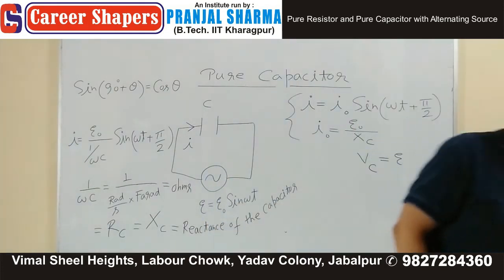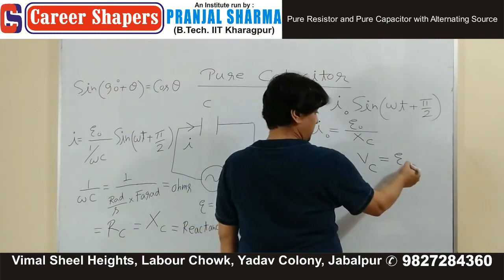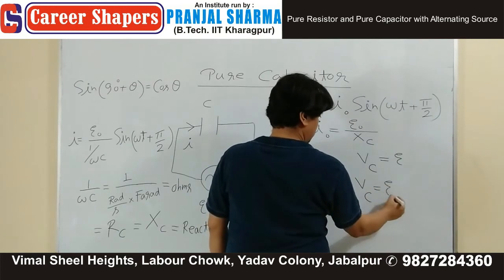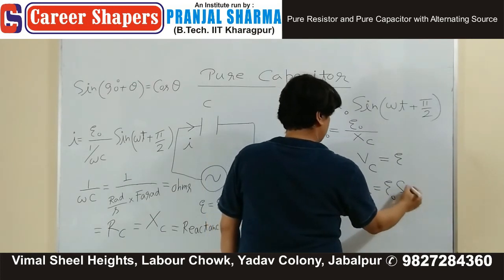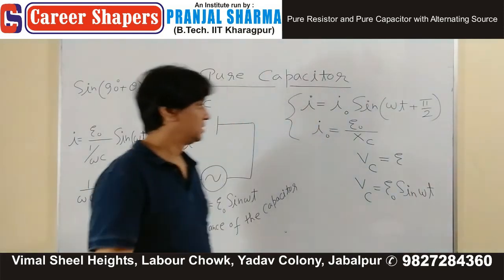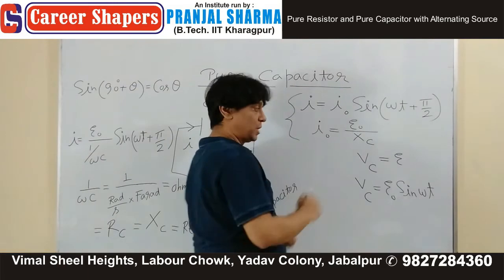And just so that you can understand, what was VC? VC was E. That means what is VC? E naught sine omega t. I hope you can see the difference.